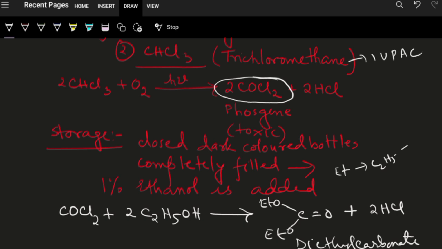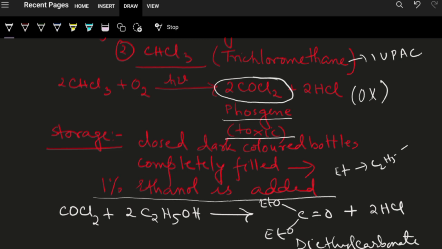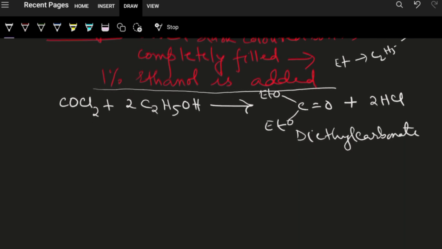So chloroform has the IUPAC name trichloromethane. This is how it reacts with oxygen. It's highly reactive. It undergoes an oxidation reaction in presence of sunlight, and it gives phosgene, which is toxic in nature. It is stored in closed dark colored bottles. At times 1% ethanol is also added. Why is it added? This is the reaction.